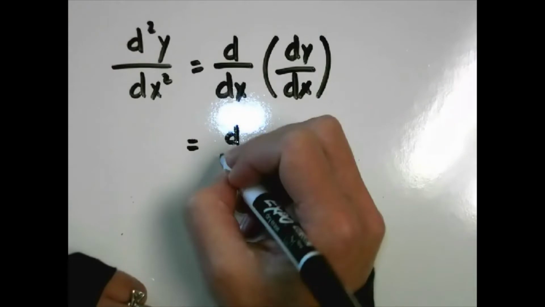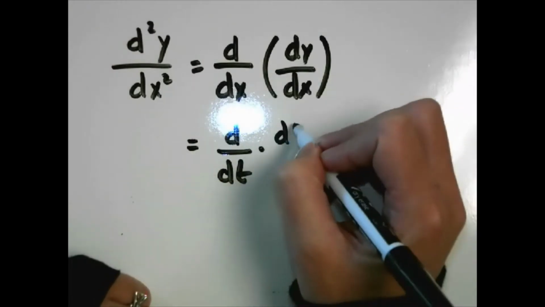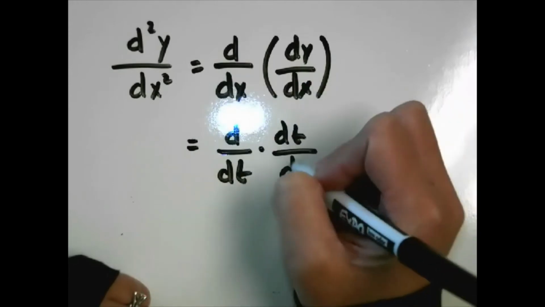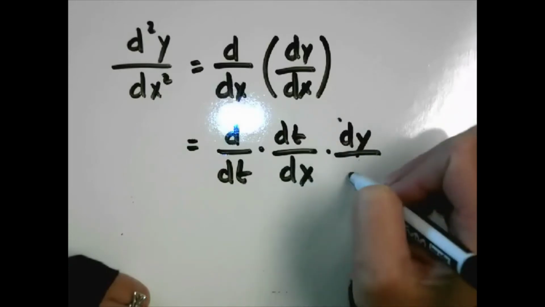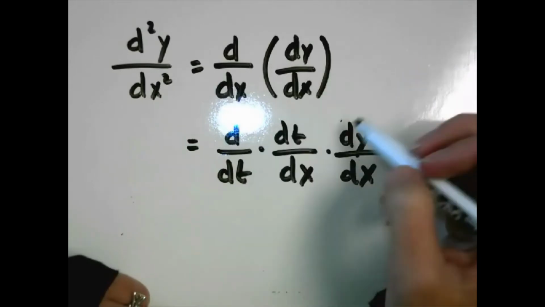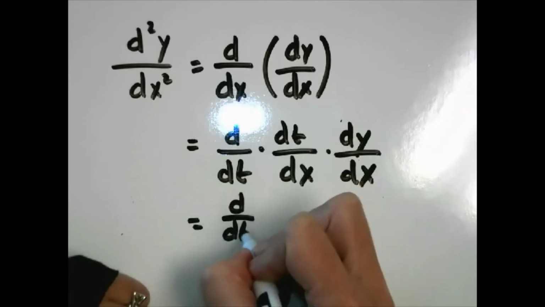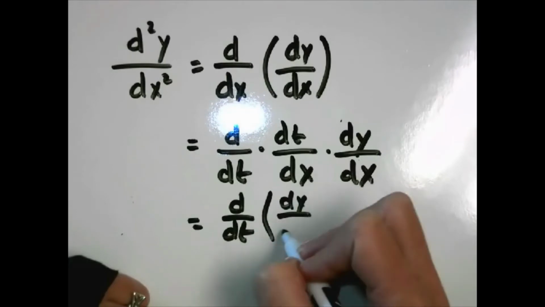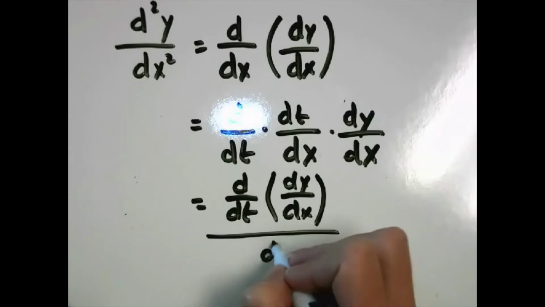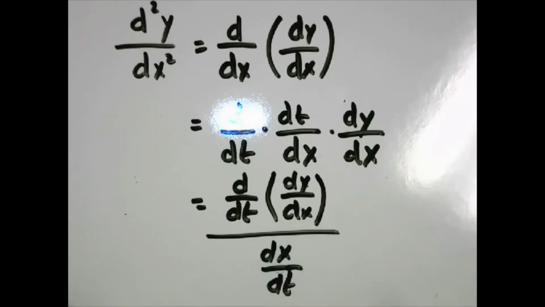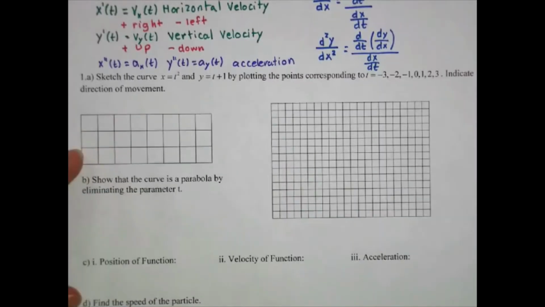So if I want the derivative with respect to t, I need to introduce a t into the problem. So I'm going to do that here. And then this just ends up being the reciprocal. So we're taking the derivative with respect to t of dy/dx, which in this case is in terms of t, divided by dx/dt. Again, I've included another explanation for this.